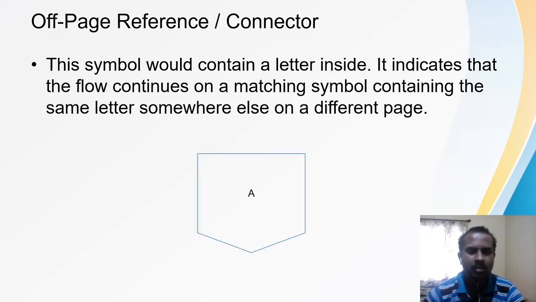Now next one is the off page reference or the connector. Again it is used to connect two parts of the same algorithm. But the only difference between the off page connector and the on page connector is that with the on page connector, you are going to connect the parts of the algorithm in the same page.